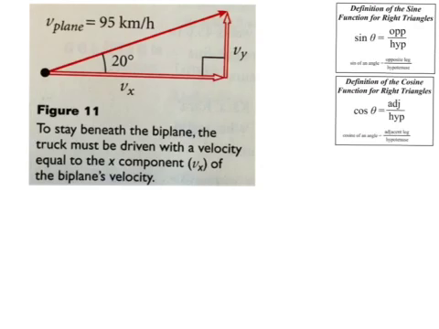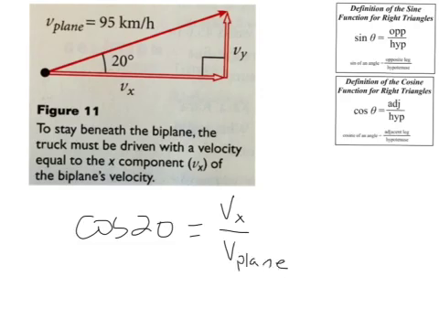If we want to know what Vx is, Vx, right, is the adjacent side to this angle right here, okay? So if we use the cosine of 20, cosine 20 is equal to the adjacent side, which is Vx, remember preserving what our things are labeled, and the hypotenuse is labeled as V plane, okay?